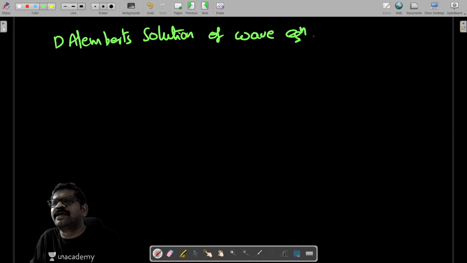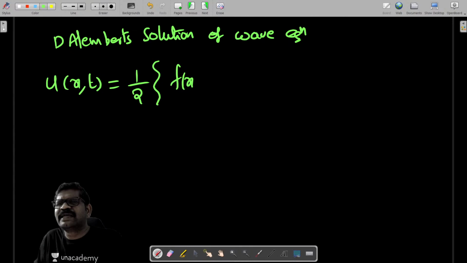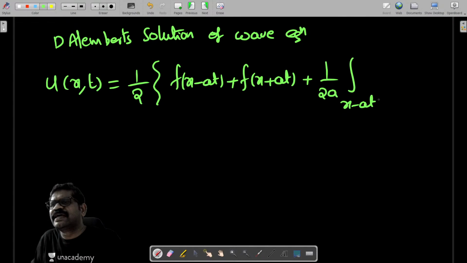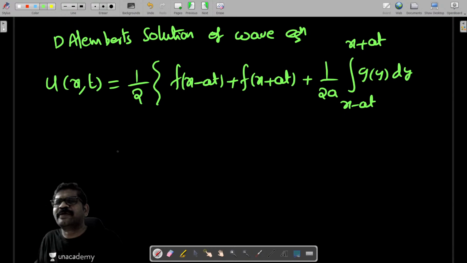By applying D'Alembert solution of wave equation, we get u of x comma t is 1 by 2 of f of x minus at plus f of x plus at plus 1 by 2a integral from x minus at to x plus at of g of y dy.